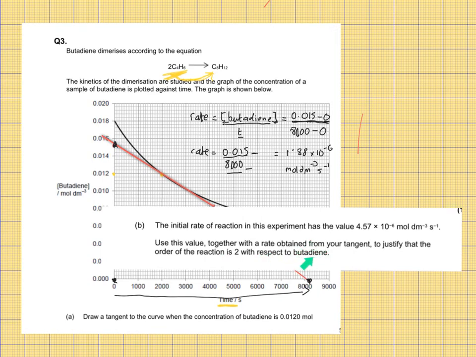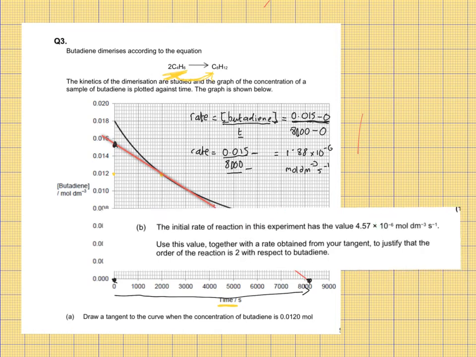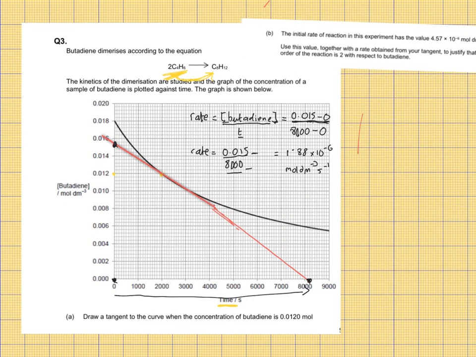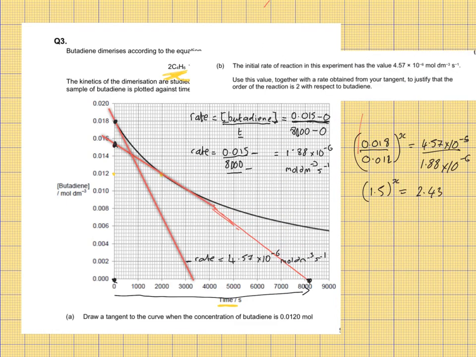So what do we mean by the initial rate of reaction? Well, that would have been obtained had we drawn a tangent to the curve going through time 0. So let's look at the data. When time is 0, the initial rate, the concentration of our butadiene was 0.018. So that's the concentration at 0 minutes. And there's the concentration that we were asked to find the rate for.